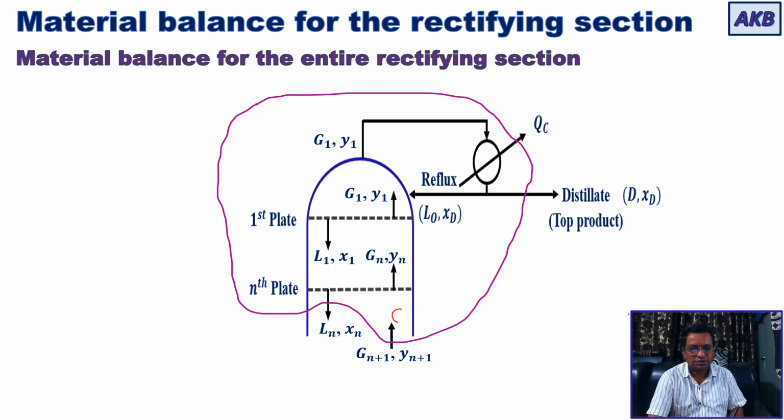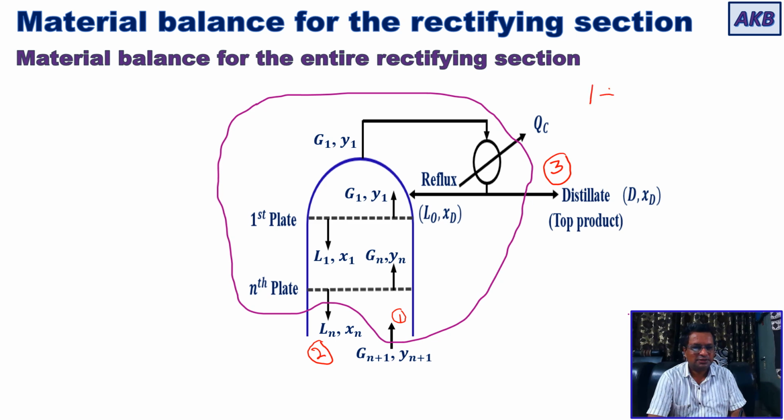This is stream number 1, the material stream that is entering the rectifying section. This is stream number 2, and this is stream number 3, the material streams that are leaving the rectifying section. So you have 3 material streams.